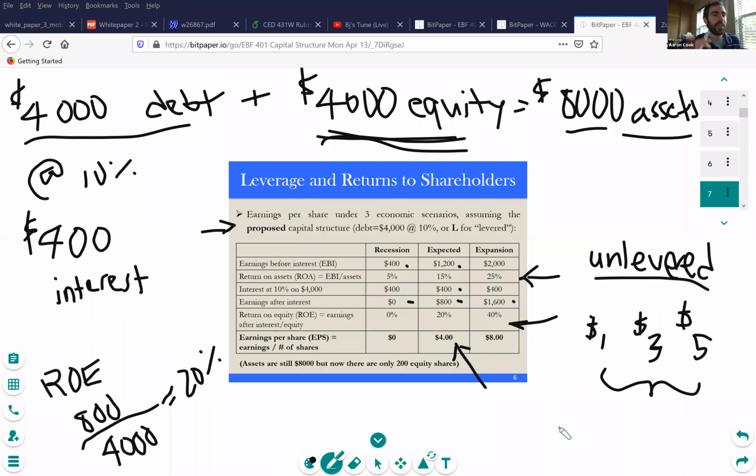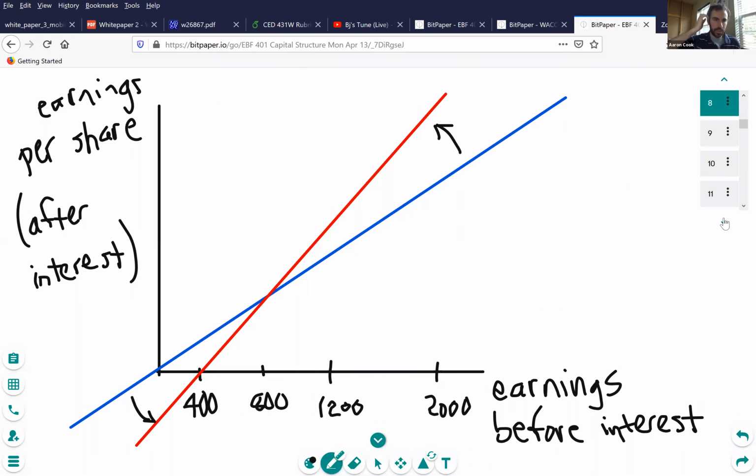So this tells us something about the nature of this debt financing and how capital structure affects returns. It has the potential to affect overall returns, but it also has the potential to affect the variability of returns, or the range of possible outcomes for equity holders.